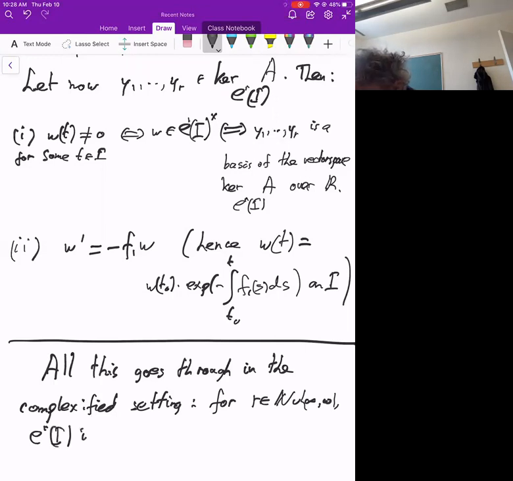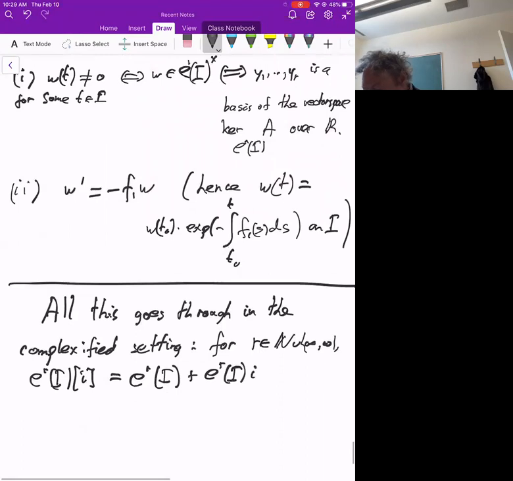So now, by adjoining i, what we are considering are functions on I that are complex valued, and so the function has a real part, which is an element of C^r(I), and a purely imaginary part, which is also in C^r(I).